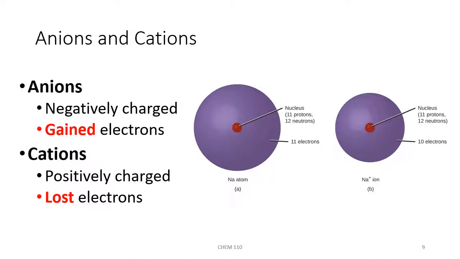So for example, if we look at this representation of a sodium atom, sodium's atomic number from the periodic table is 11. So that means that it has 11 protons in its nucleus. In a neutral sodium atom, the number of protons is exactly equal to the number of electrons. When sodium becomes an ion, it gives up its one valence electron.